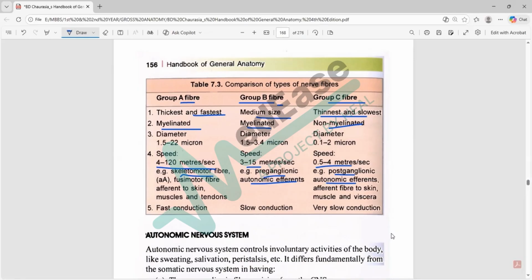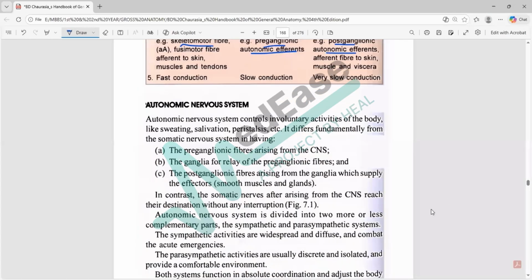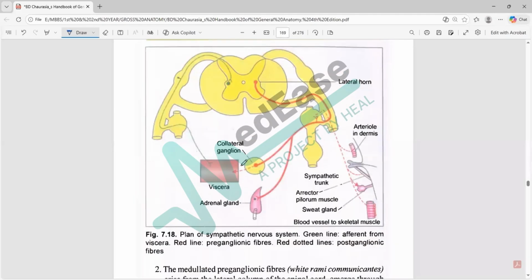Now we have discussed the autonomic nervous system. The autonomic nervous system comprises two main pathways. We have the preganglionic neurons, which will be mainly those neurons conducting impulses to a chain, which we call the ganglionic chain. Let me show you guys. Now this is our ganglia mainly.